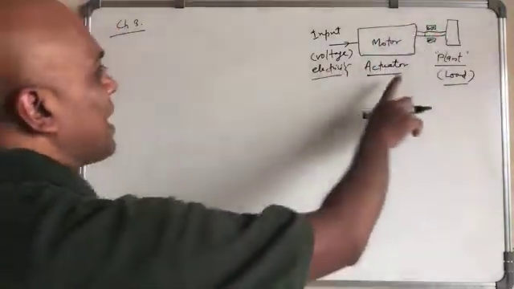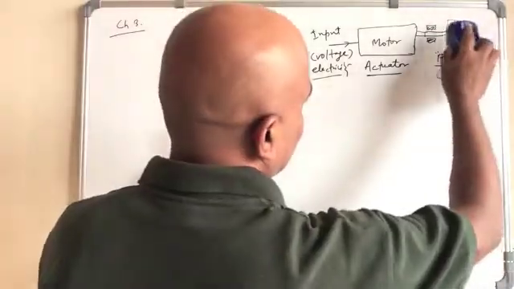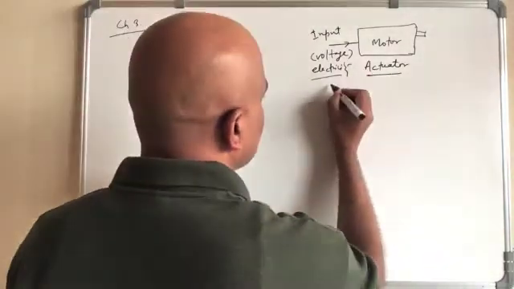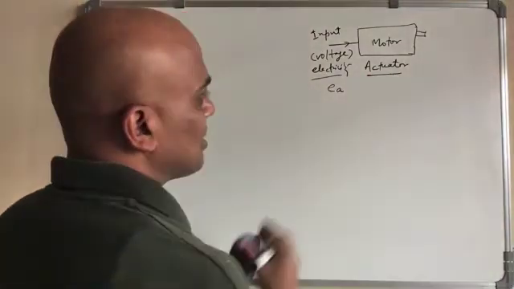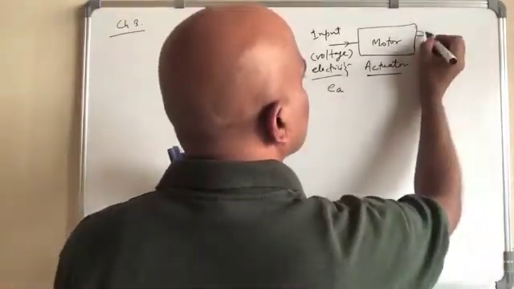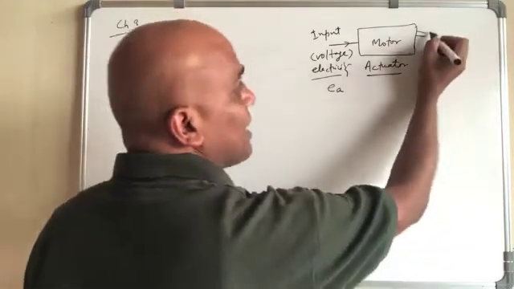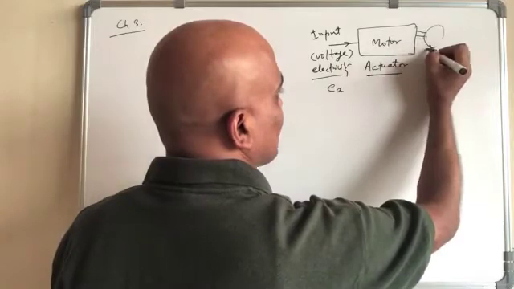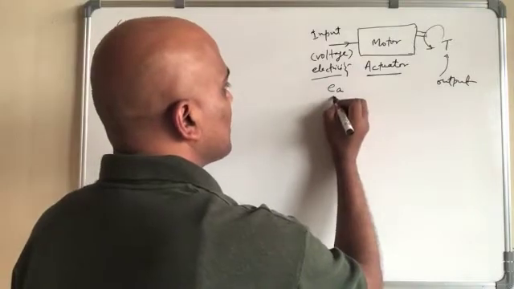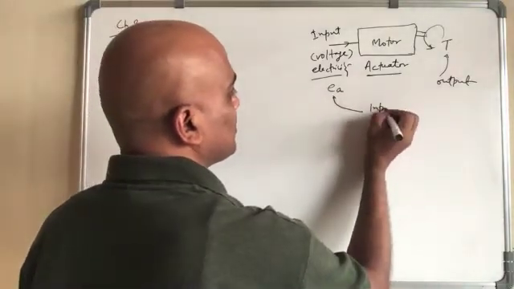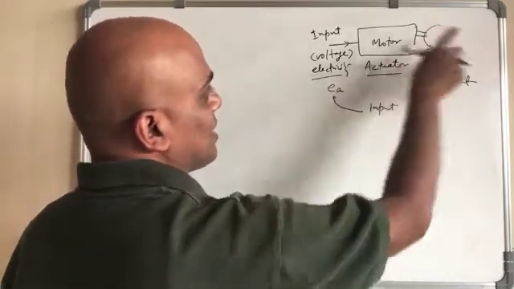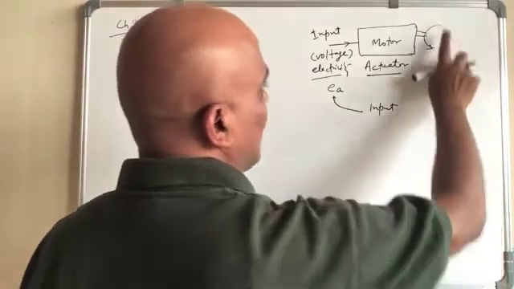If you look at just the motor, you have the input voltage, let's call it EA, and what is produced is torque T. T is the output and EA is the input. This is A for actuator. So the input is the actuator voltage, output is the torque.